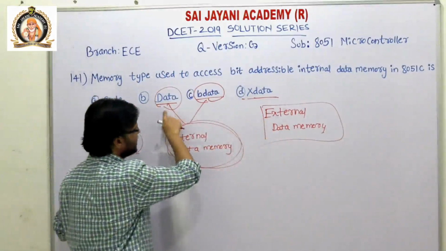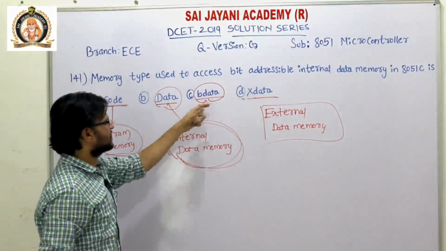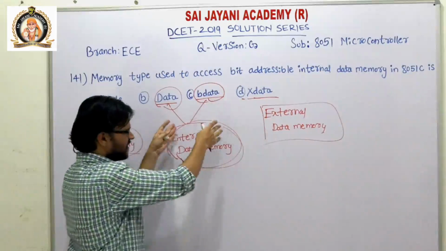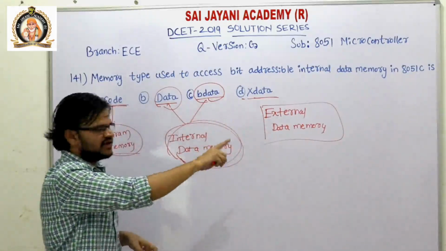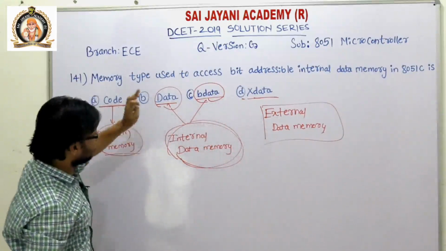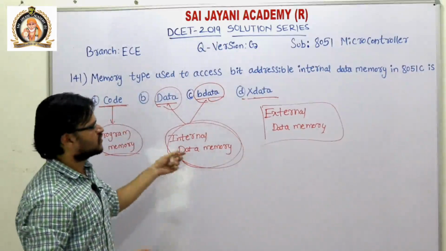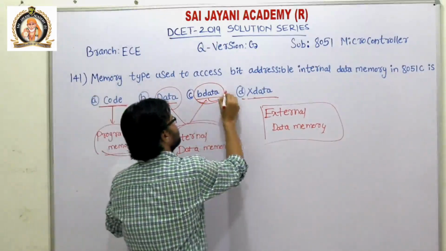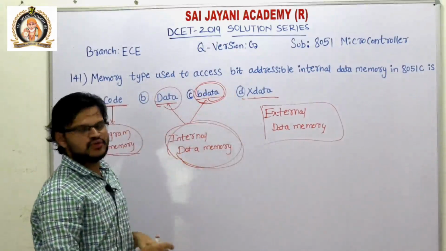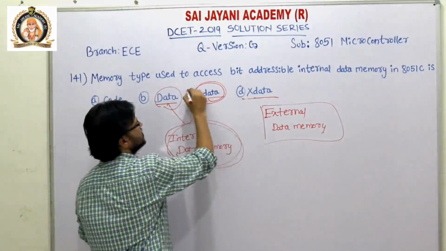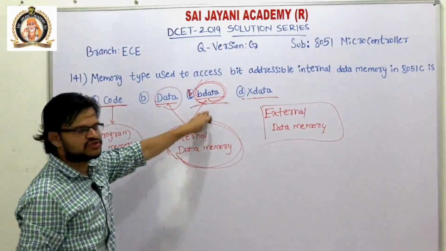Data and bdata are the areas which access the internal data memory, but in the data area the 8051 accesses with respect to direct addresses, while in bdata it accesses with respect to bit addressable. So the right option is the third one, that is option C.